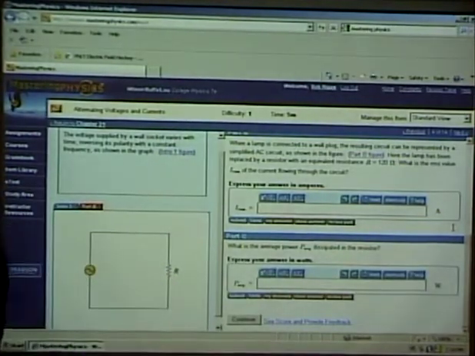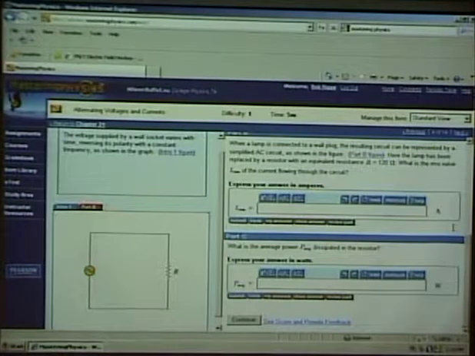Because we all know that we should get 120. But I'm going to see if 170 times the square root of 2 works. Oh, I was doing it on my calculator.